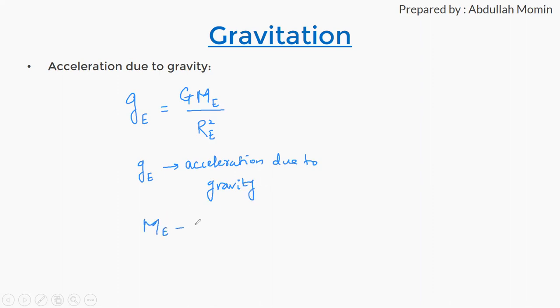Capital M E is the mass of the earth, and capital R E is the radius of the earth.